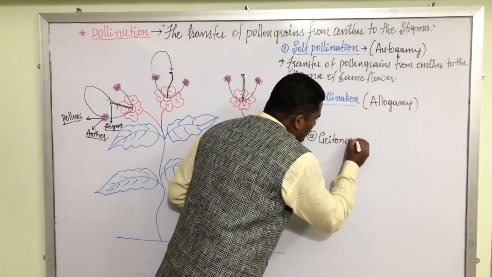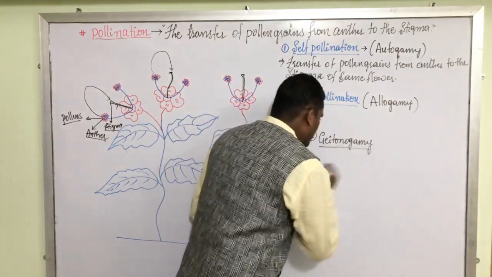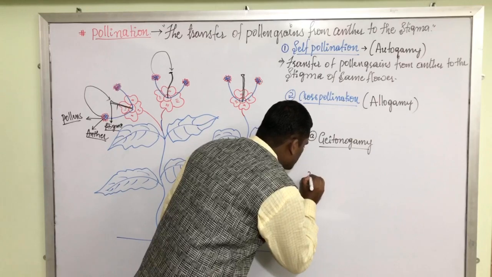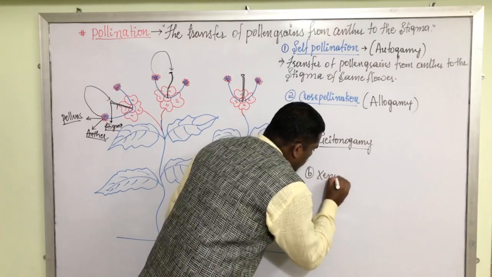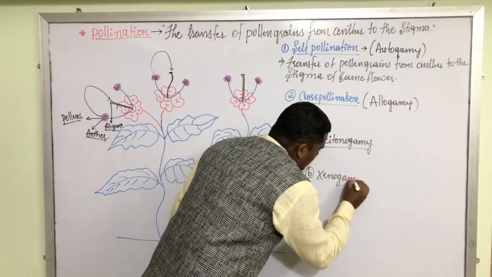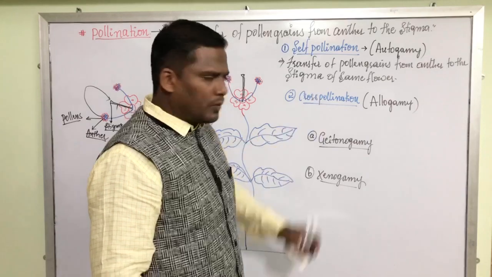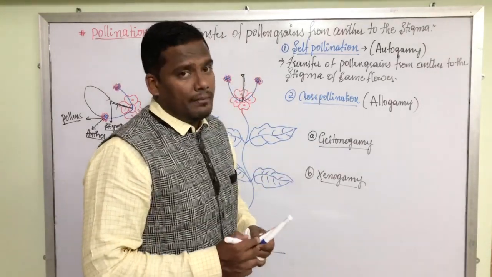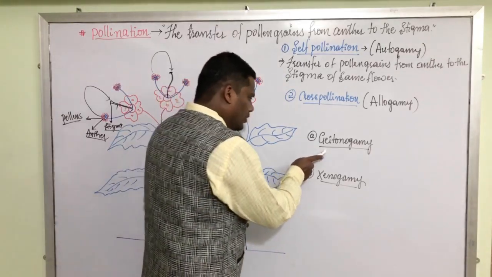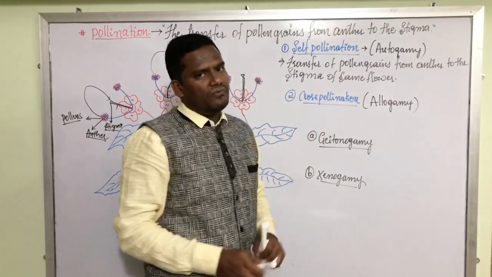The first type of cross-pollination is geitonogamy, and the second type of cross-pollination is xenogamy. There are two types of cross-pollination: one is geitonogamy, another one is xenogamy. Let us understand what is geitonogamy and xenogamy. Then we'll define cross-pollination.